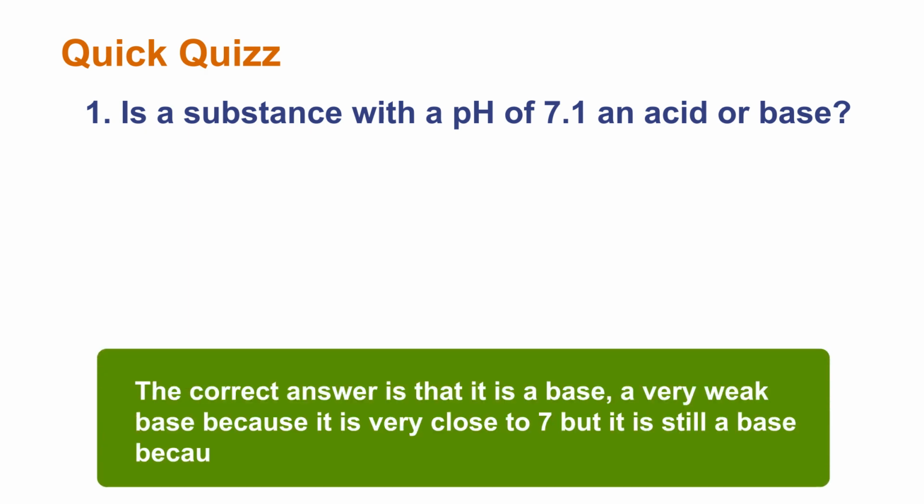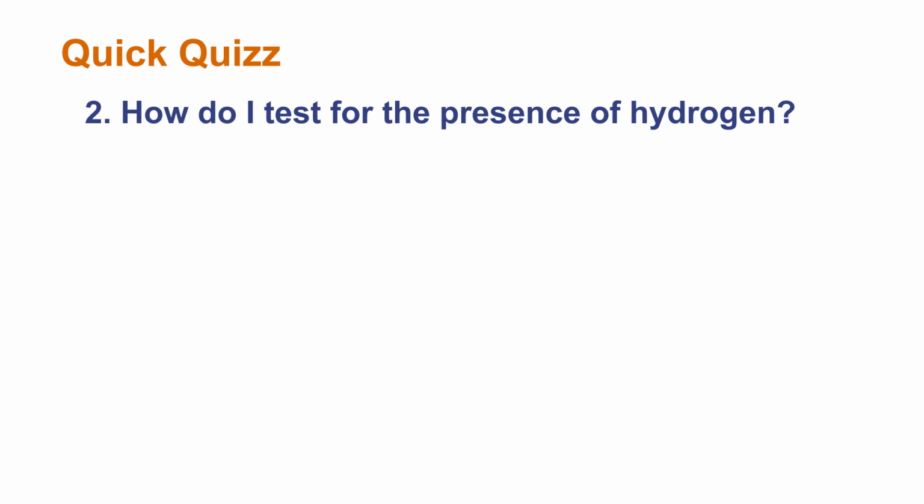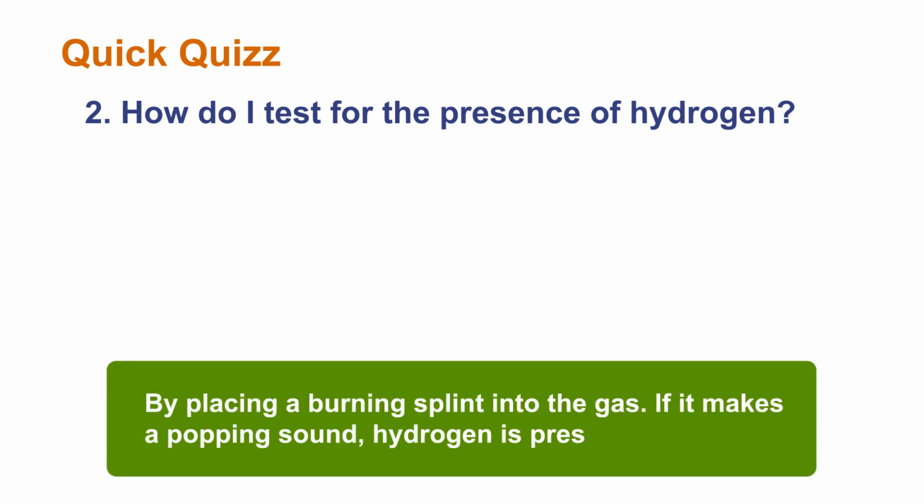The correct answer is that it is a base, a very weak base because it is very close to 7, but it is still a base because it is above 7. Number 2. How do I test for the presence of hydrogen? By placing a burning splint into the gas. If it makes a popping sound, hydrogen is present.